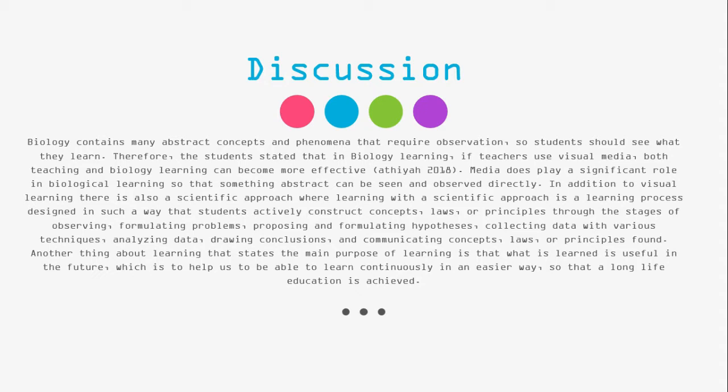The main purpose of learning is that what is learned is useful in the future, helping us to learn continuously in an easier way, so that lifelong education is achieved.